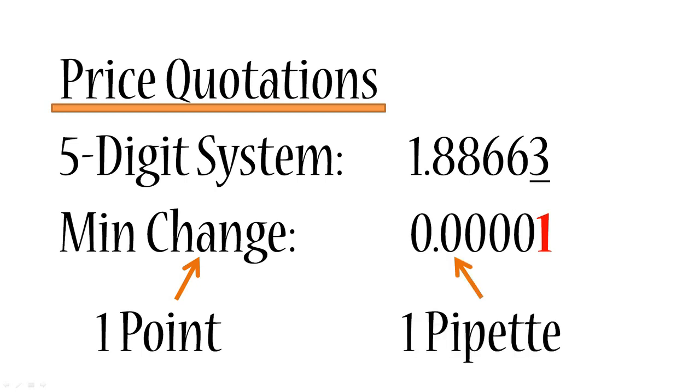Once again, let's keep these things separate. 1 point is the minimum change, and 1 pipette is always equal to 0.00001. In this case, it just happens that the minimum change is equal to 0.00001, and that means 1 point is actually 1 pipette. And that's always the case for 5-digit price quotations.